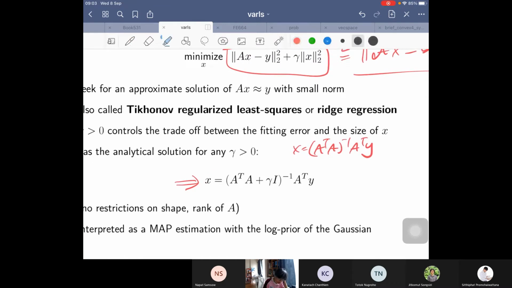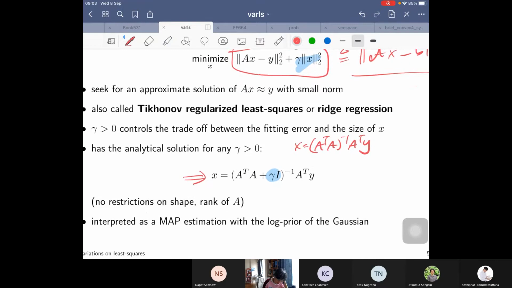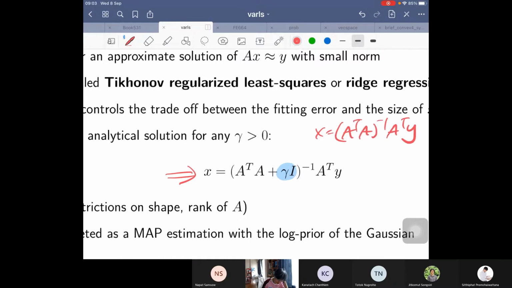Now you have the 2 norm penalty. The extra term here is plus gamma I. This also has a nice property: the matrix before the inverse is always non-negative, but your gamma is positive.